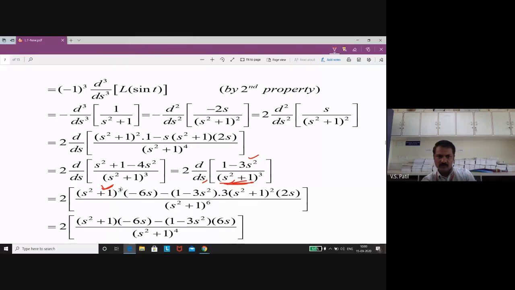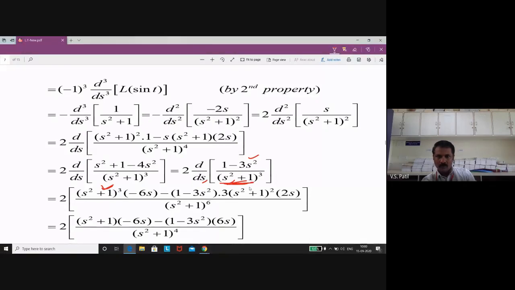The power is 3 here, so it becomes 3 into s square plus 1 raised to 3 minus 1, that is 2, into once again the differentiation of this. S square differentiation is 2s, 1 differentiation is 0, so it becomes 2s. Okay, am I right?